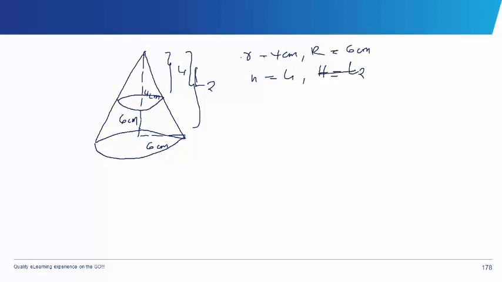Sorry, the big edge is equal to 6 plus L1. Okay, I think that will make it easier. And the big edge we're talking about here is L2.